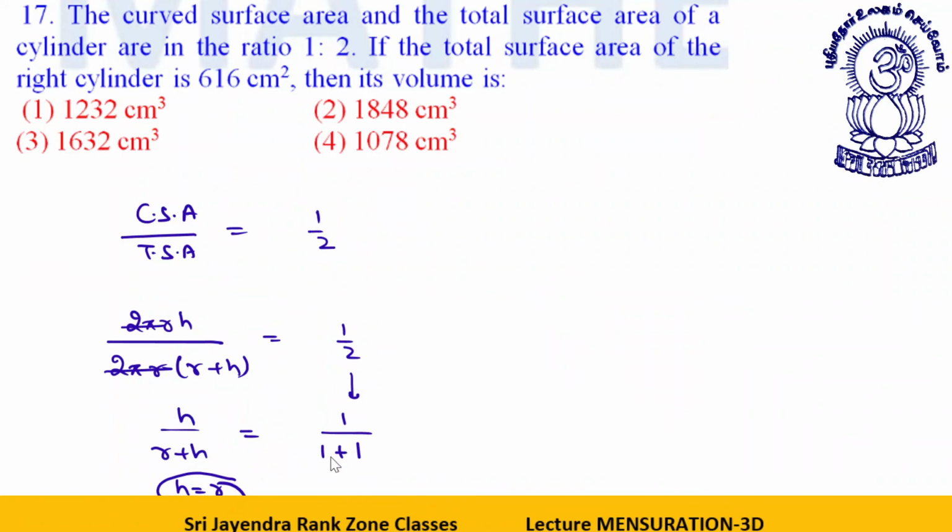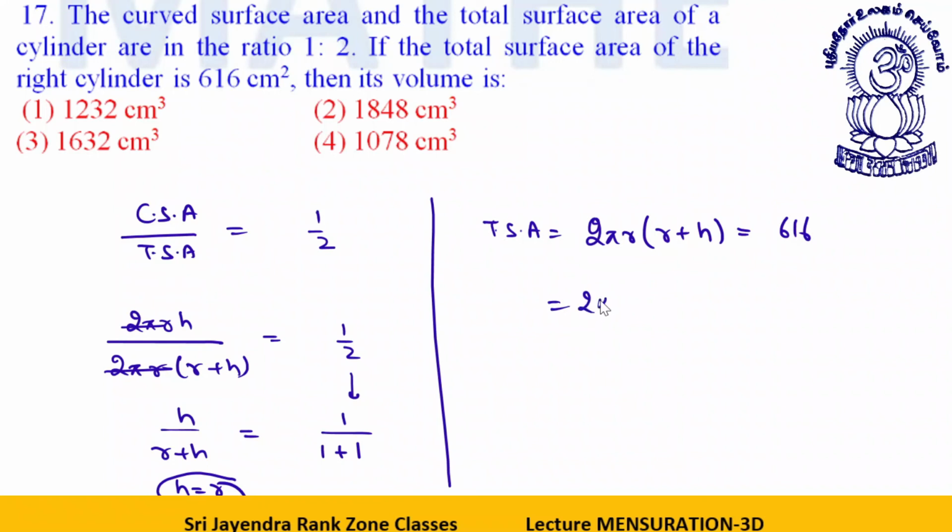Getting into these, students, one by one. So r is equal to h. If the total surface area of the right circular cylinder is 616. Now this total surface area is what? 2 pi r into r plus h is equal to 616. I will read it like 2 into 22 by 7 into r, and this r plus h I will read as 2r, equal to 616. Fine.